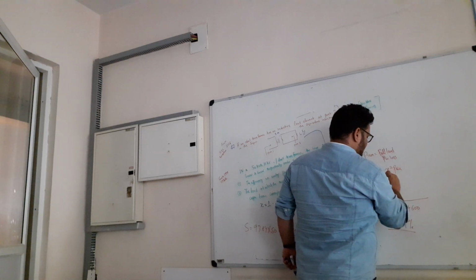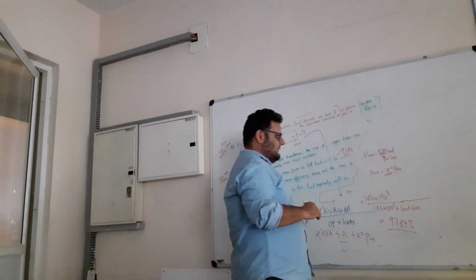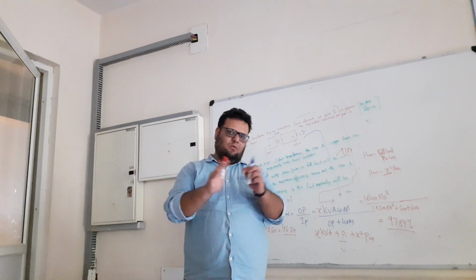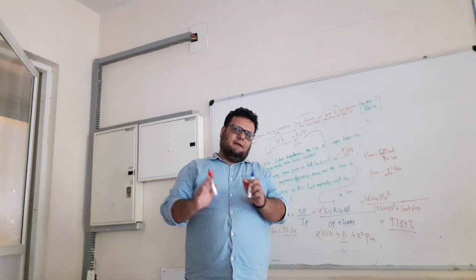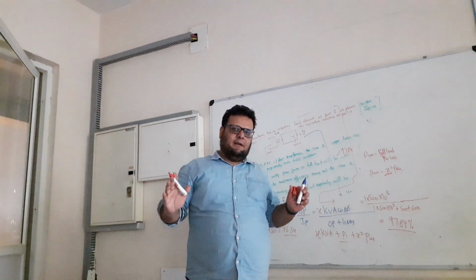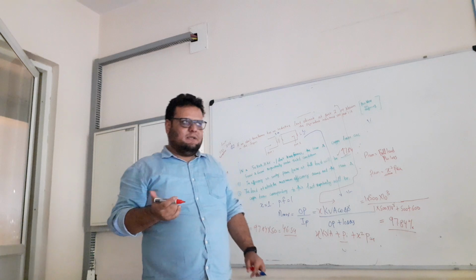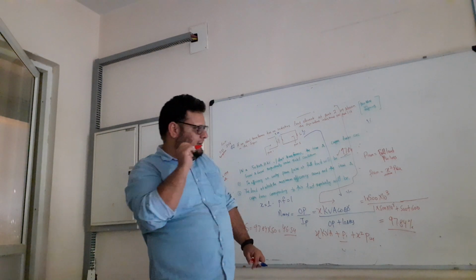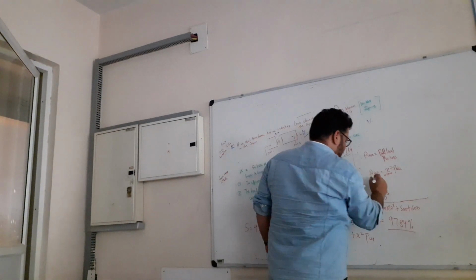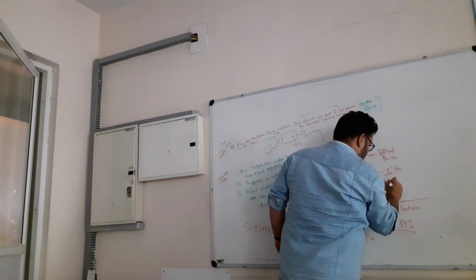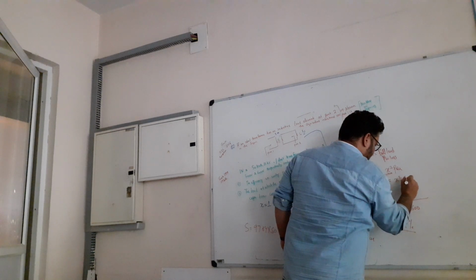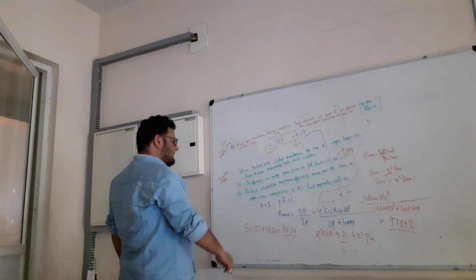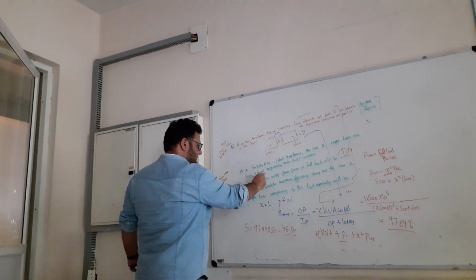Now you have to calculate the value of X. In the other case, when you are taking the full load, you are assuming it to be the full load rated value, the current value is the rated one only, hence 1. But while calculating the maximum efficiency, at that time you have to calculate at what point, at what factor, it will happen. Obviously your P iron value is given as 500 and your P copper is given as 600.